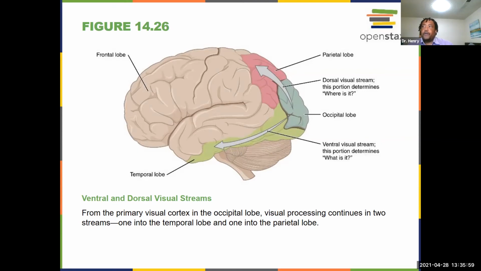For instance, the dorsal visual stream is going to help us determine where it is. So that lets us know, okay, where is it located? Is it on the right hand side or the left hand side? The dorsal visual stream goes from the occipital lobe to the parietal lobe.